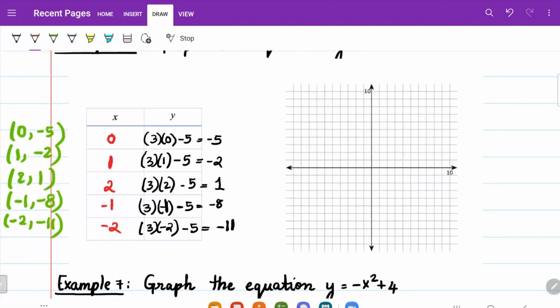0 comma minus 5, that is 0, 1, 2, 3, 4, 5 in the negative direction. So that is our first point. And then we have 1 comma negative 2. So this is 1 here, and that's negative 2. And then we have 2 comma 1. So this is 2, and that is 1.